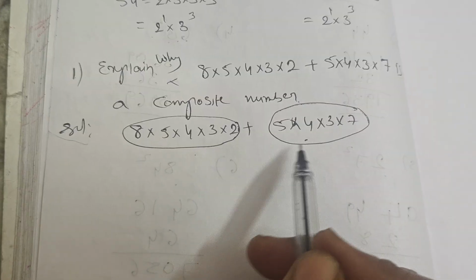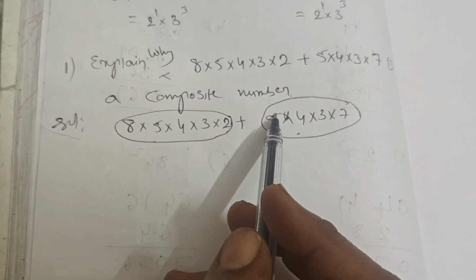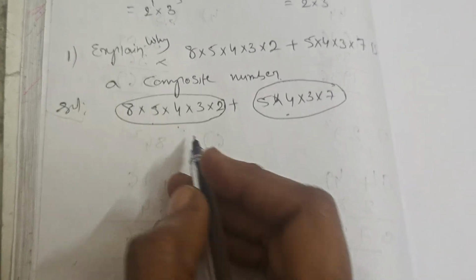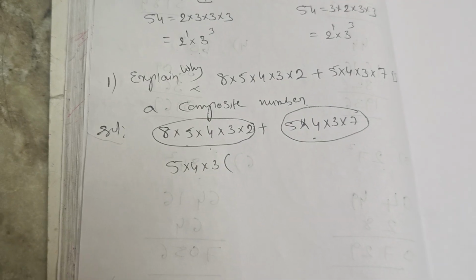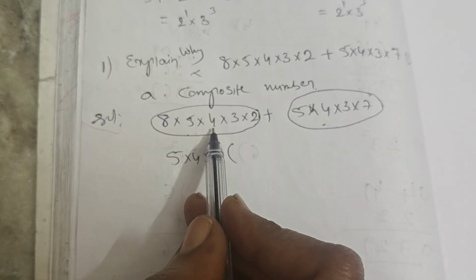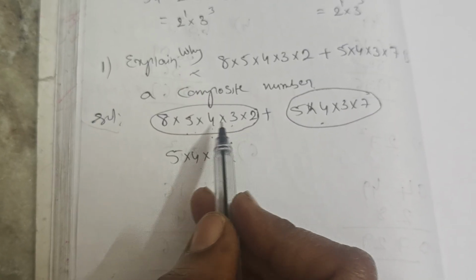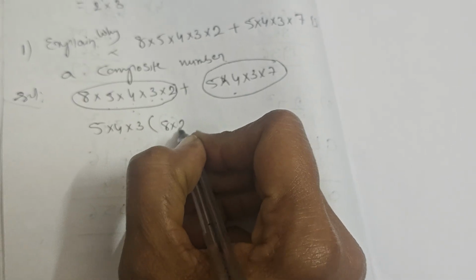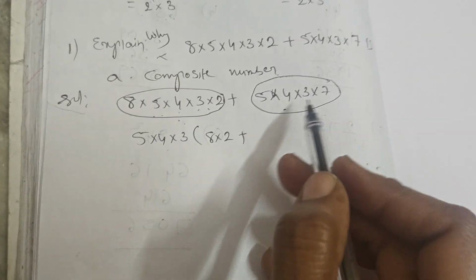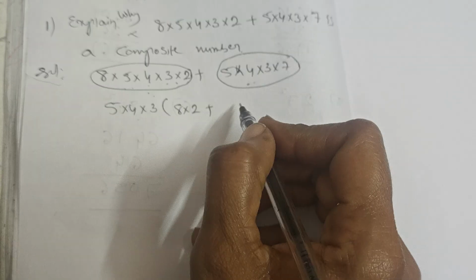In these two parts, what is common? 5 is common, 4 is common, 3 is common. So I will write 5 into 4 into 3. If you take out 5, 4, 3 common, then what is left here? 8 and 2. So you write 8 into 2 plus, here if you take 5, 4, 3 common, 7 is left.